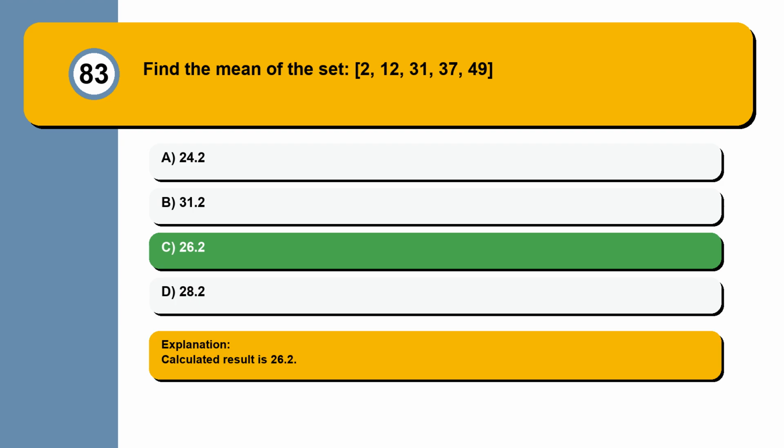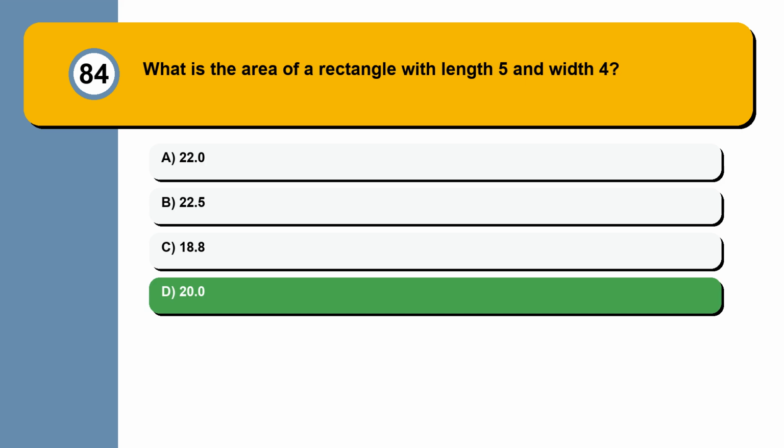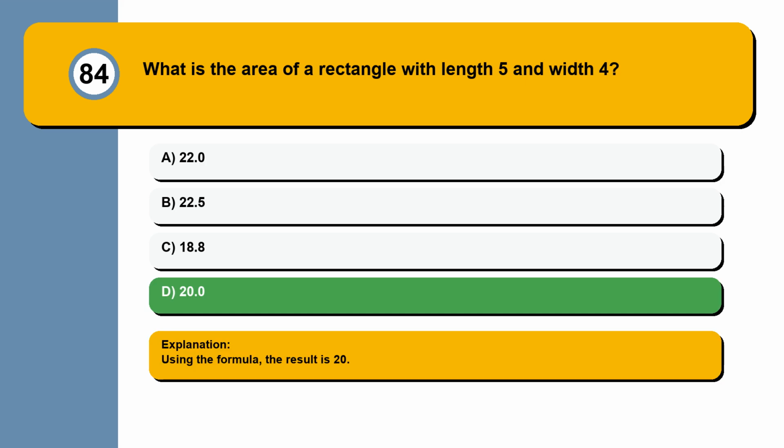Calculated result is 26.2. Question 84. What is the area of a rectangle with length 5 and width 4? 22.0, 22.5, 18.8, 20.0. Using the formula, the result is 20.